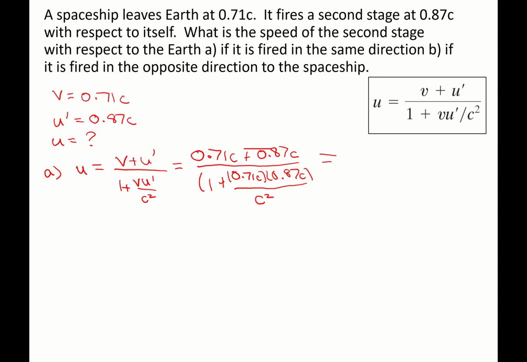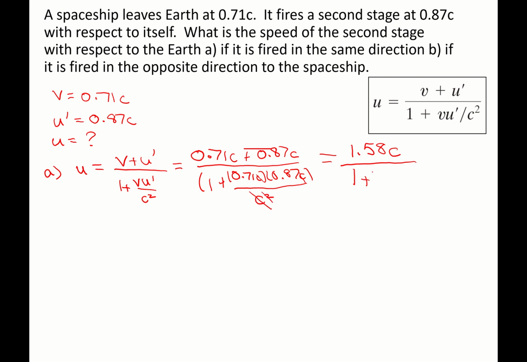Okay, so if I look at this, let's see what we got. On the numerator, we're just going to add the two together. So I'm going to get 1.58 c. So if we were to add the two speeds together, we'd get something that's traveling about 1.5 times faster than the speed of light, which is impossible. In the denominator, now if I look, I've got a c times a c here, and that's going to cancel out with the c squared on the bottom.